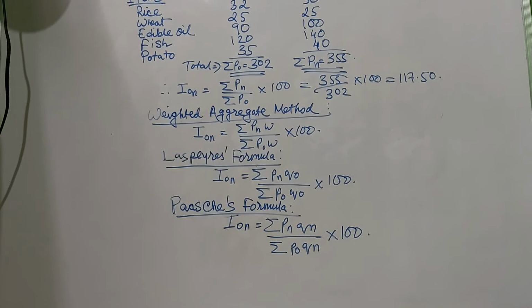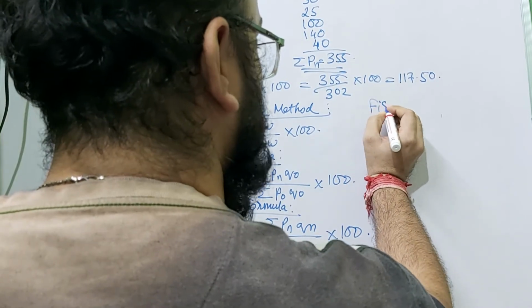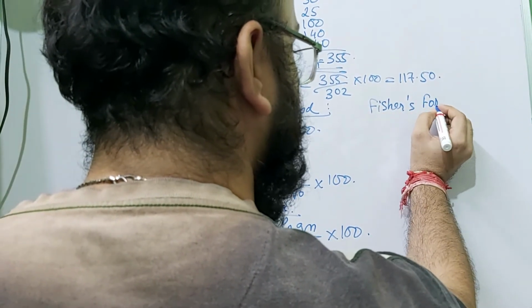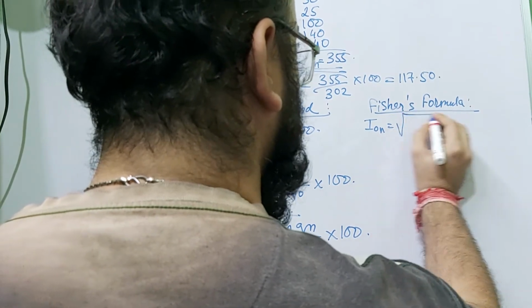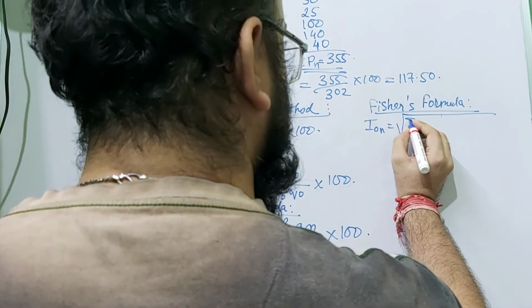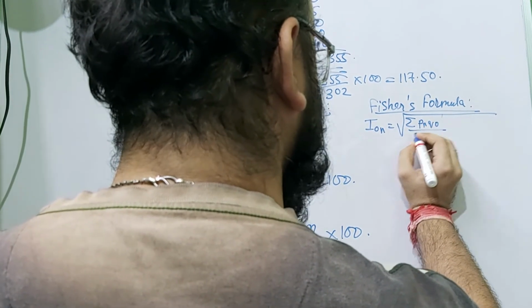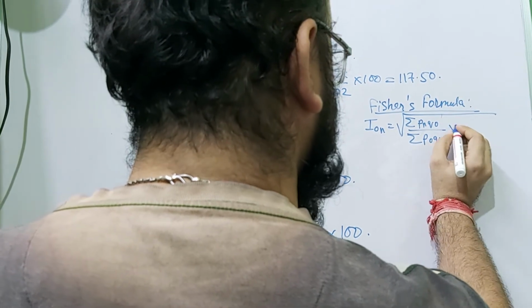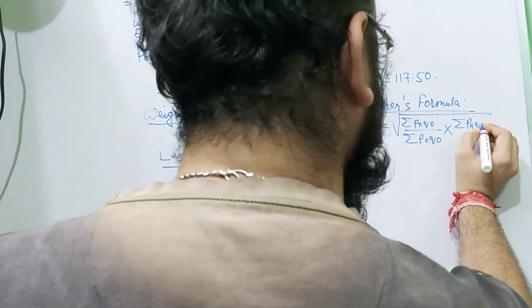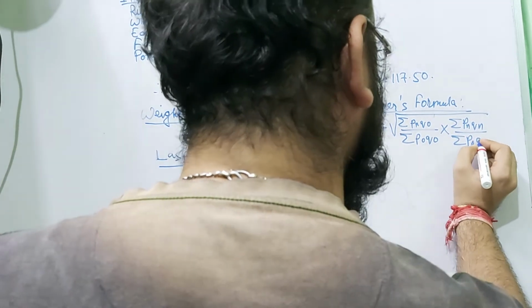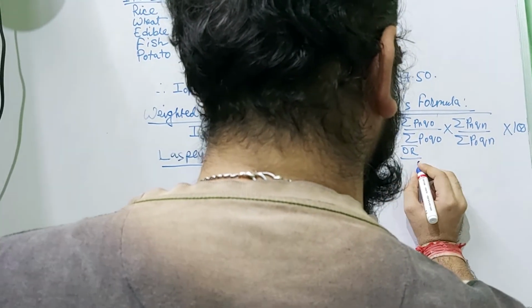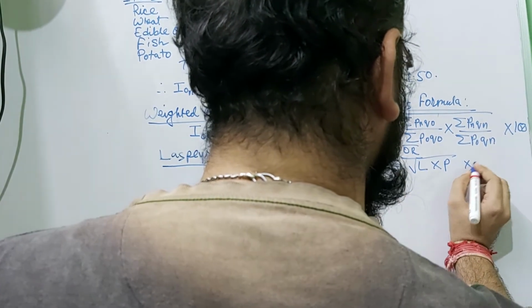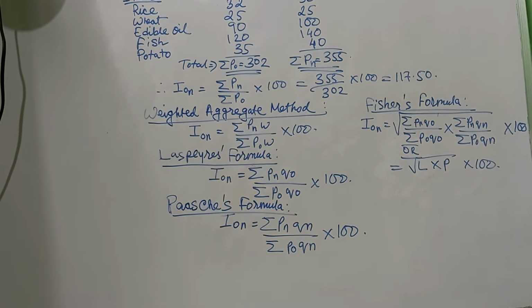Now coming to Fisher's formula. I0n is equal to root over summation of PnQ0 by summation of P0Q0 multiplied by summation of PnQn divided by summation of P0Qn, into 100, or you can write Laspeyres into Paasche, root over, into 100.